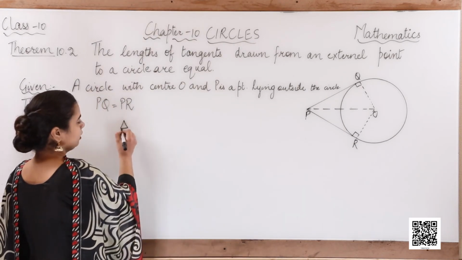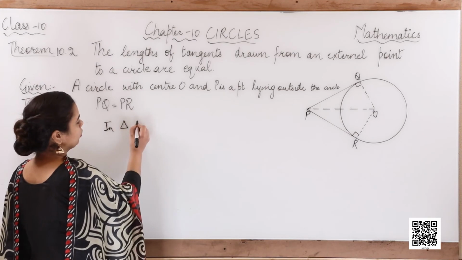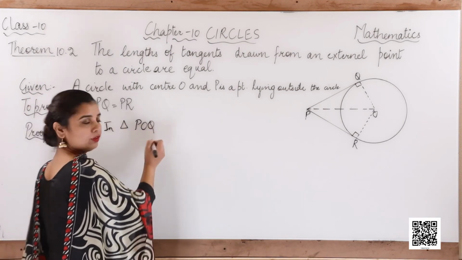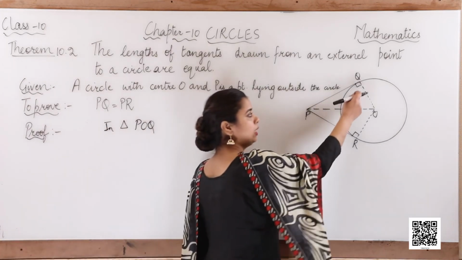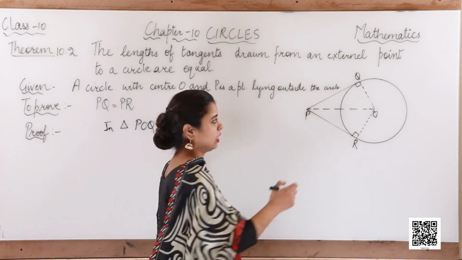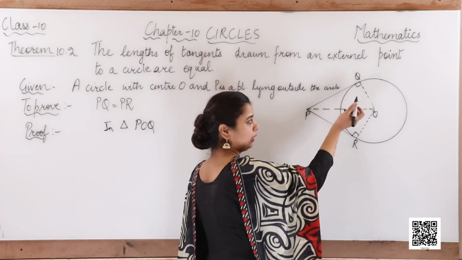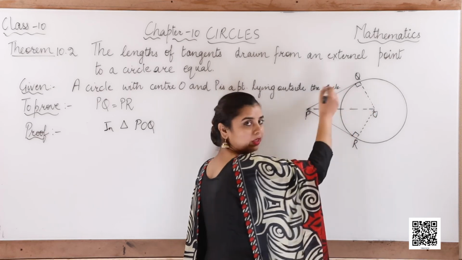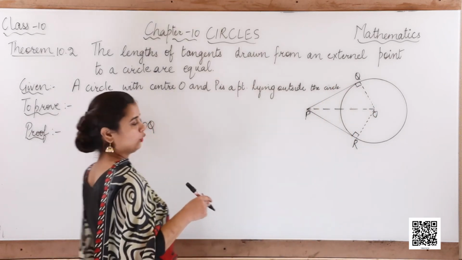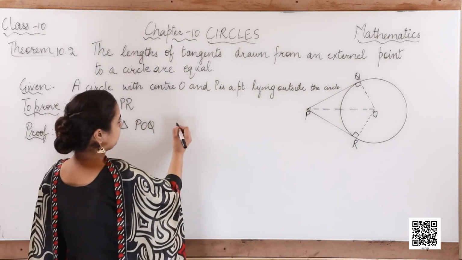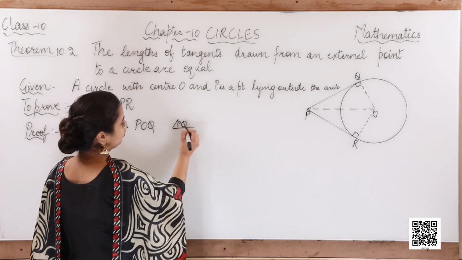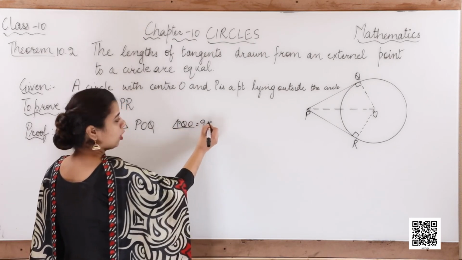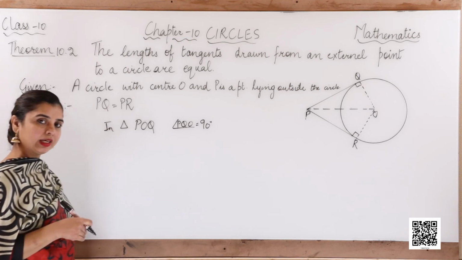In triangle POQ, now what kind of a triangle is this? This is a right angle triangle, as we have said that this angle has to be 90 degree because tangent is perpendicular to the radius at the point of contact. So in triangle POQ we can say that angle PQO is 90 degree. Which property can be applied here in this right angle triangle?